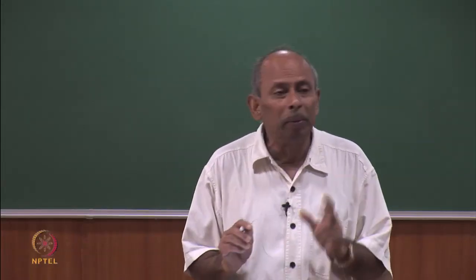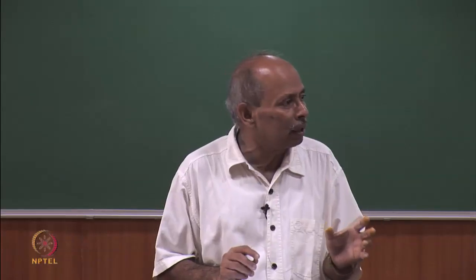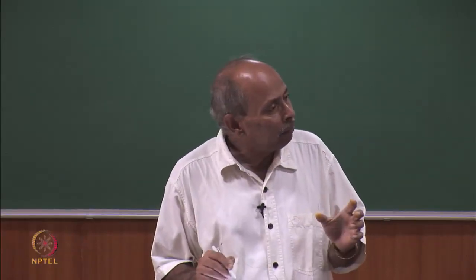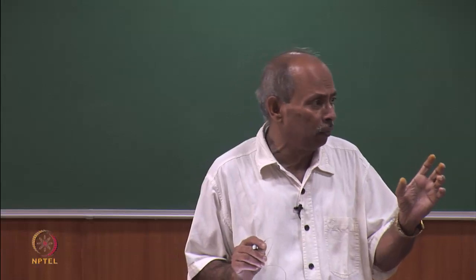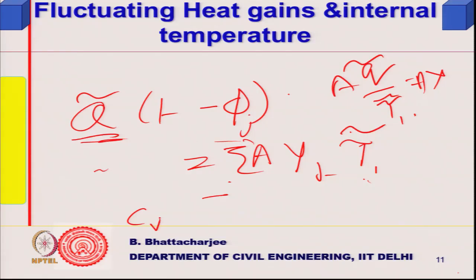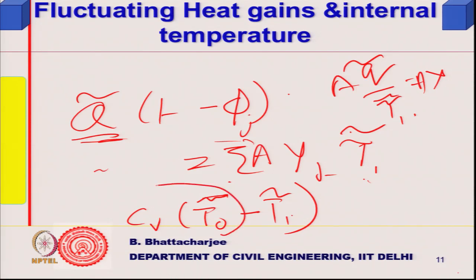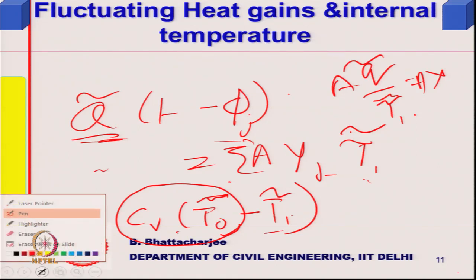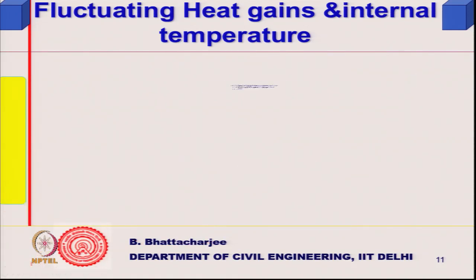But one problem remains as far as ventilation is concerned. Part of ventilation I have taken care of. The part I did not take care of is C V into T O swing minus T I swing, while calculating the mean. This component also has to be taken into account, and that is what happens in this equation.